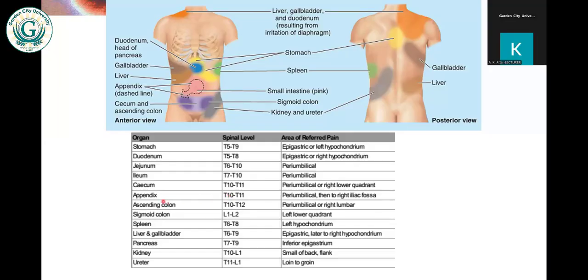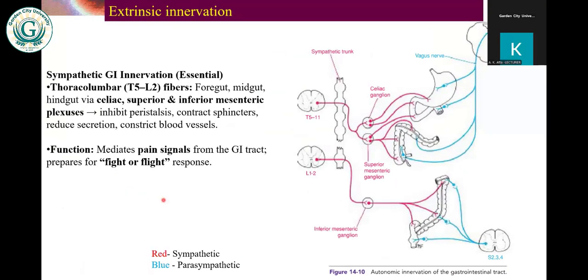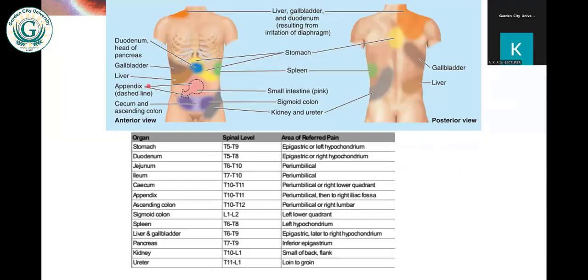We are saying that the T5 to L2 segments of the spinal cord give sympathetic innervation to the GI tract, and when there is pain from the viscera, it will follow the sympathetic pathway. If you look at the appendix, the sympathetic nerve supply comes from the T10 to T11 segments of the spinal cord.